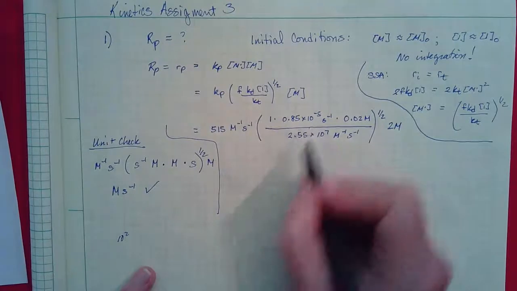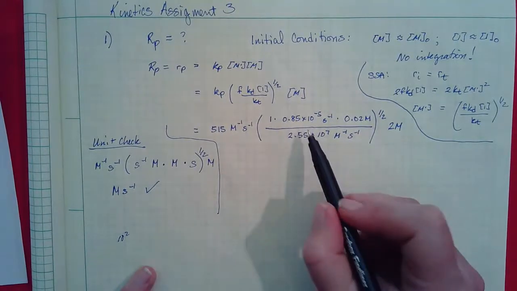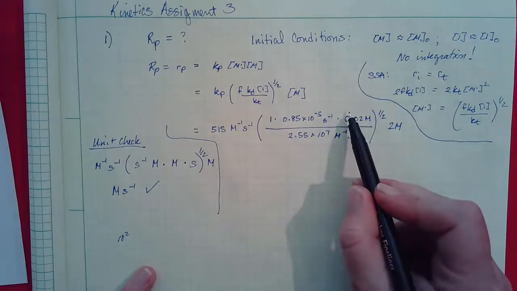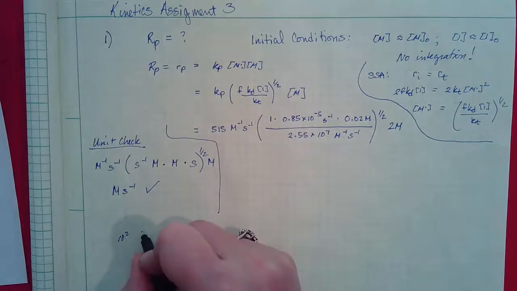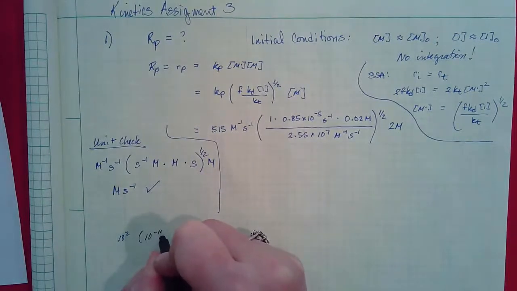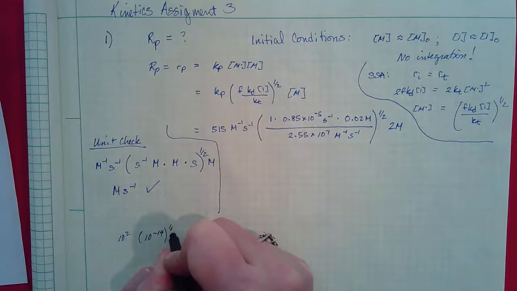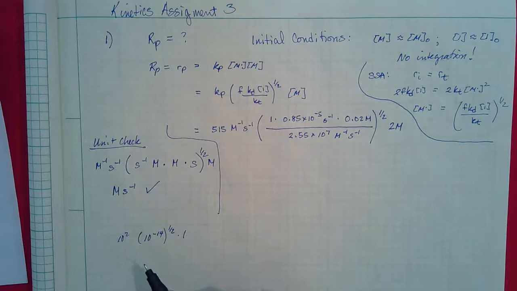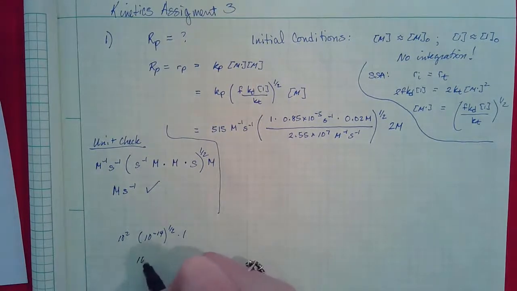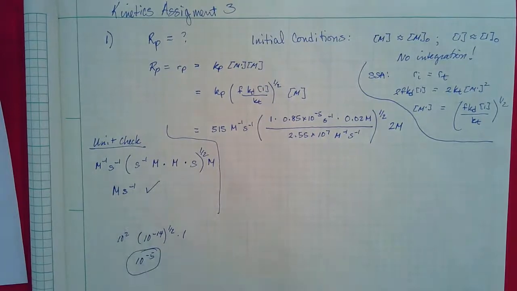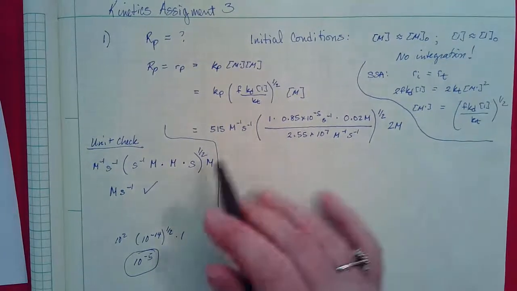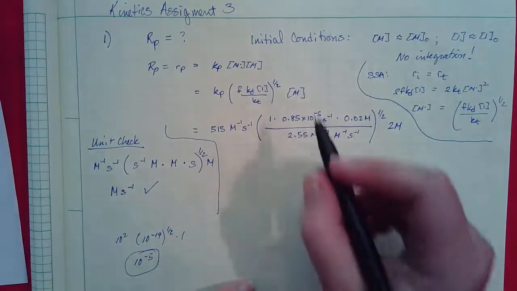This is minus 5 minus 7 divided by minus 7, so I've got 10 to the minus 14 to the 1/2 power times 10 to the 0, or 1, and so that's 10 to the minus 7, so I think my answer should be around 10 to the minus 5. I just do that to see if what I'm going to get in my calculator makes sense.